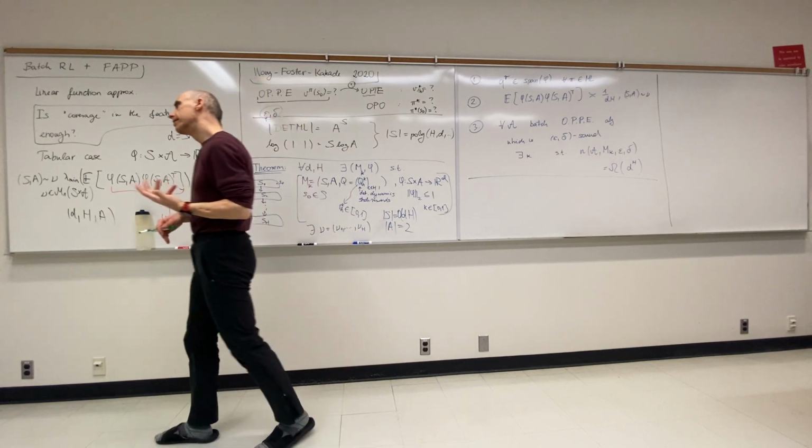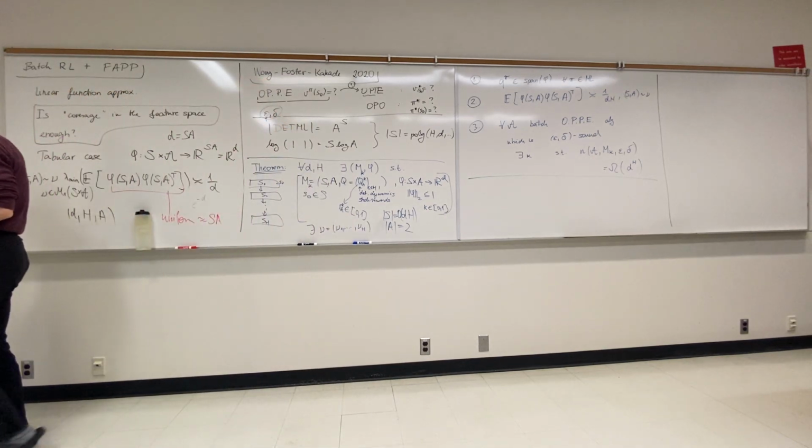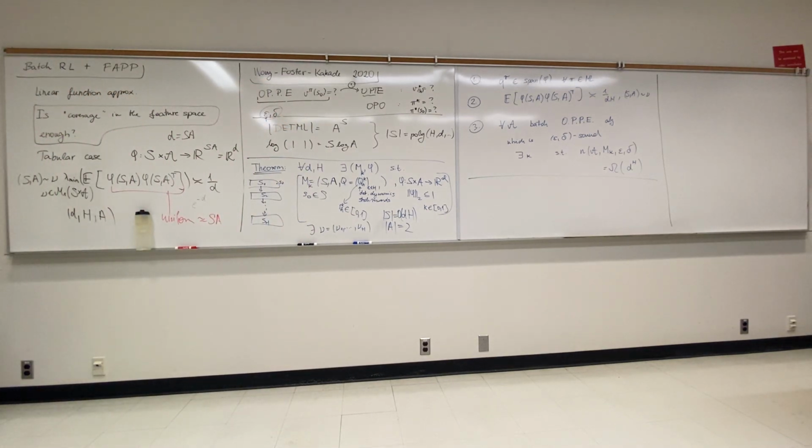Because for the tabular case, everything was just fine. And now, it seemed that it was an innocent generalization of the tabular case, and now nothing is fine anymore. So it's not so innocent. So why can a tabular algorithm not solve this problem?